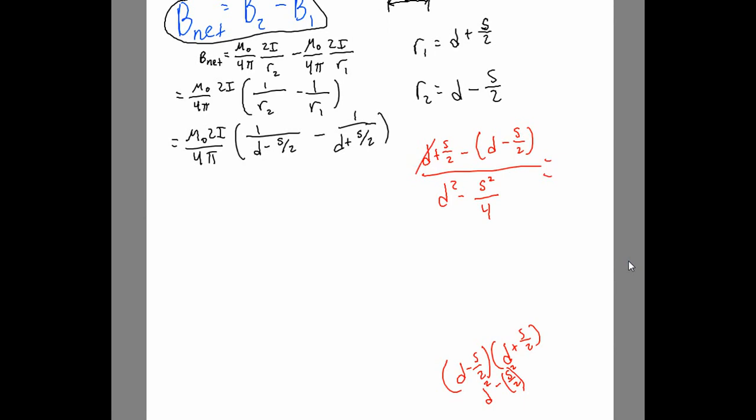So that all cancels out, and we're left with s over d squared minus s squared divided by 4.